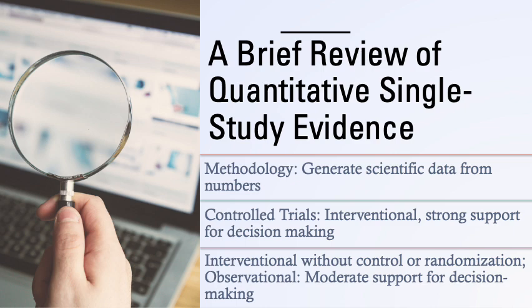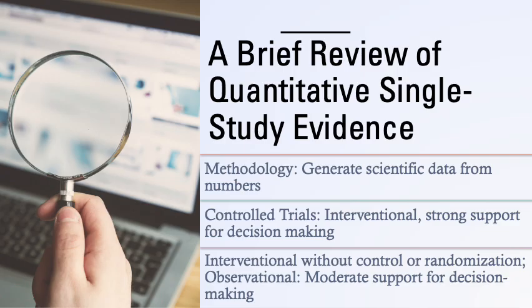Let's start with a brief review of what is quantitative single study evidence. Quantitative evidence generates scientific data from numbers. Quantitative evidence can have either an interventional design, such as in controlled trials or intervention studies without control or randomization, or an observational design, such as observational analytic or observational descriptive.